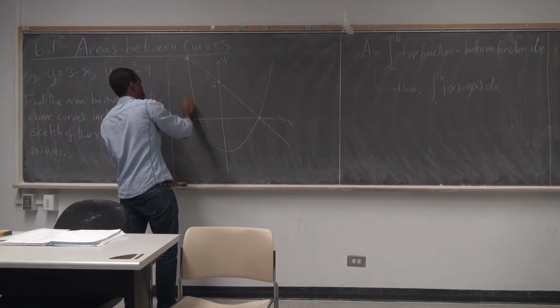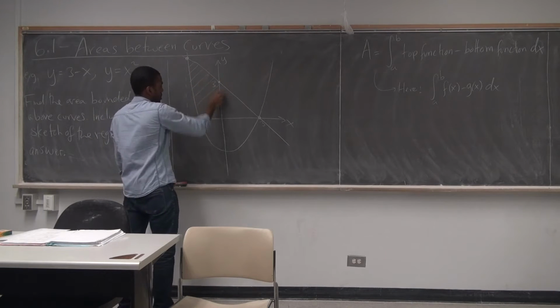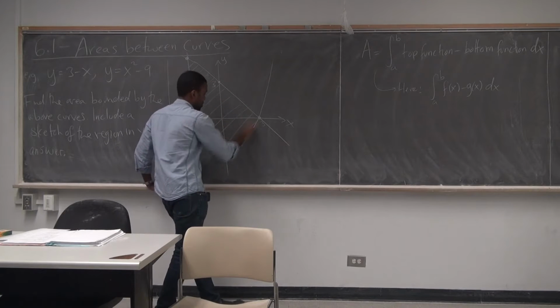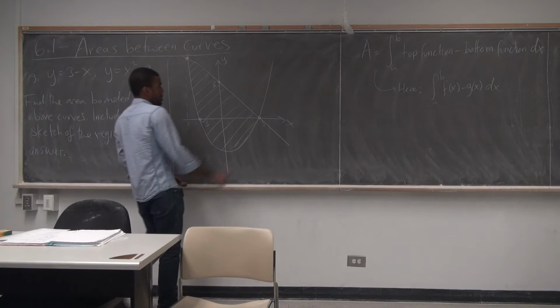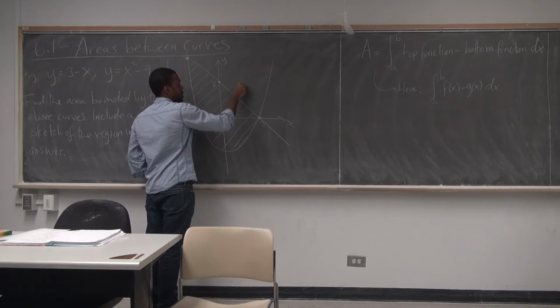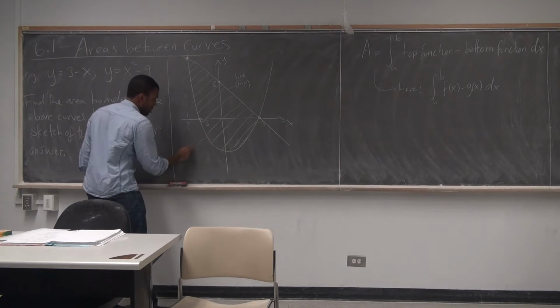And so this point here, we don't know that yet, but the area that we care about is the area between here. So clearly you can see who's the top. This guy here is the top function, so the line is the top function and the parabola is the bottom function.